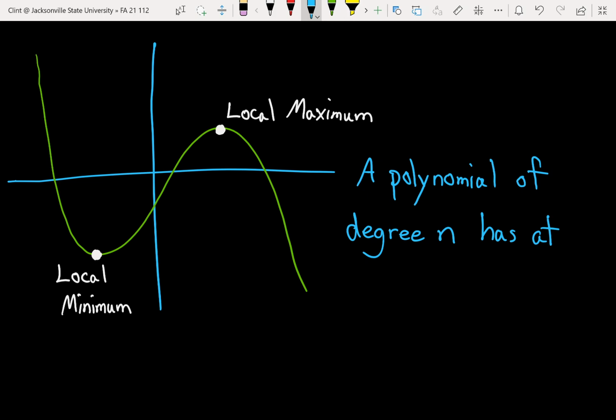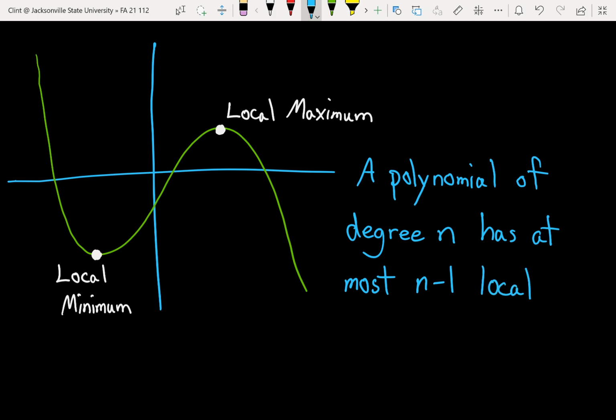The maximum number of valleys and peaks combined is, if our polynomial is of degree n, at most n minus 1. If we're talking about the combination of the two, where it could be either a minimum or a maximum, it has a weird name.